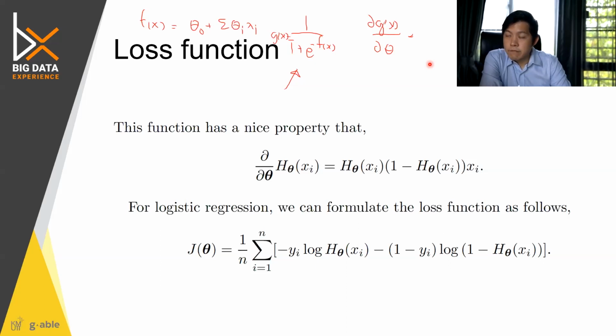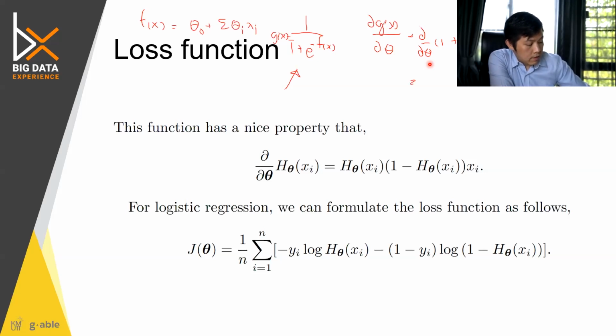The partial derivative of this function will be what? If you take the derivative of 1 over 1 plus e to the minus fx, this means you take the derivative by theta of 1 plus e to the minus fx to the minus 1, right?